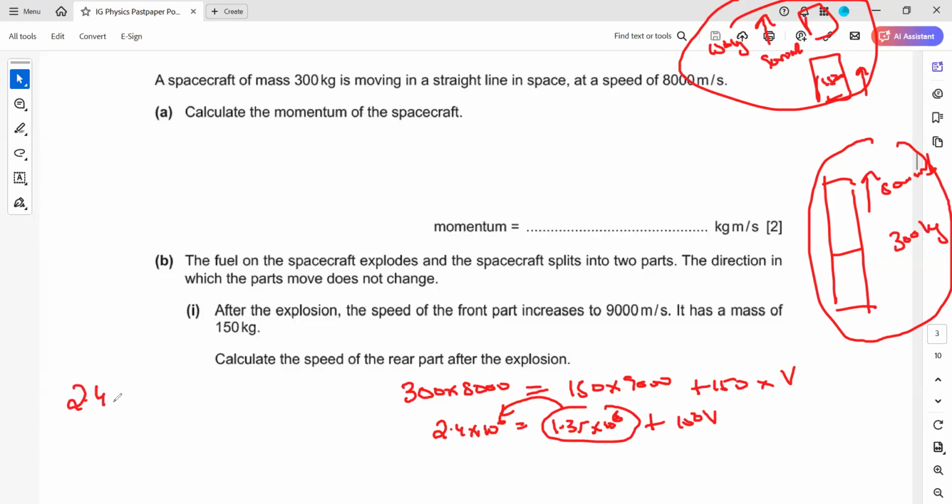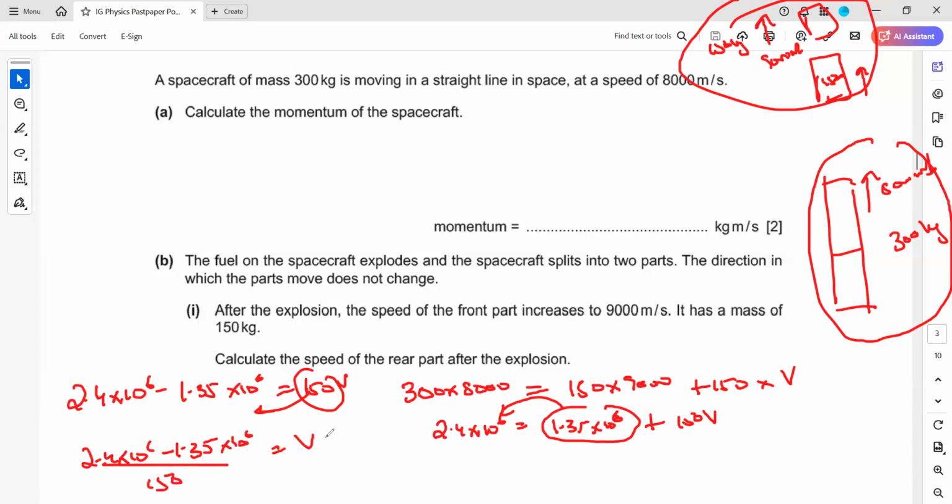That's why it will be 2.4 exponent 6 minus 1.35 exponent 6. Same thing, 150 is multiplied with V, and we need only V, so that will be divided. So the final answer will be 2.4 exponent 6 minus 1.35 exponent 6, divided by 150. That will give us 7,333. We first subtract, then divide.